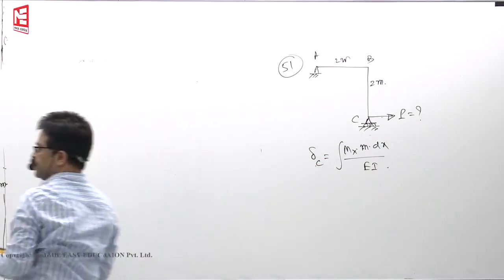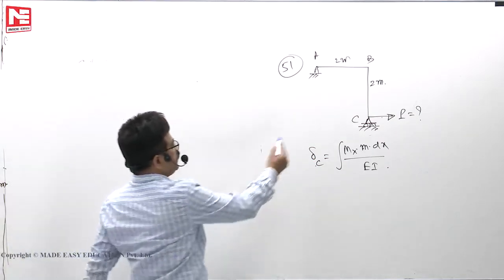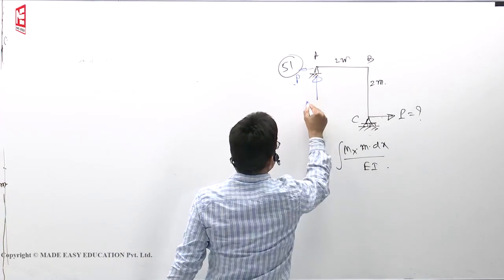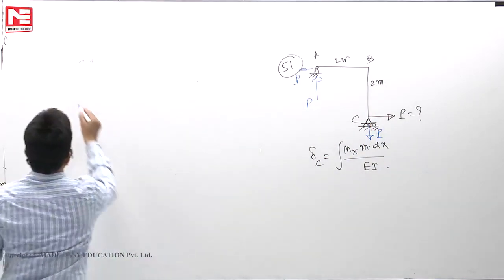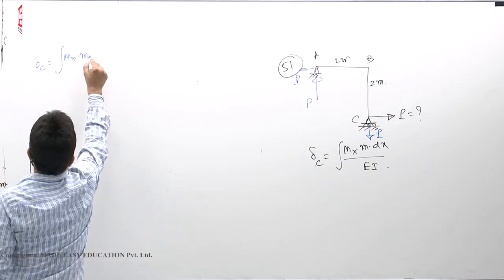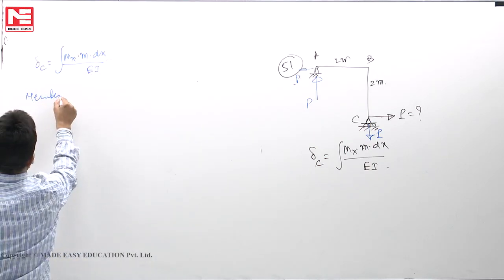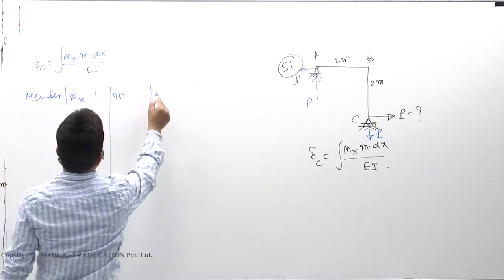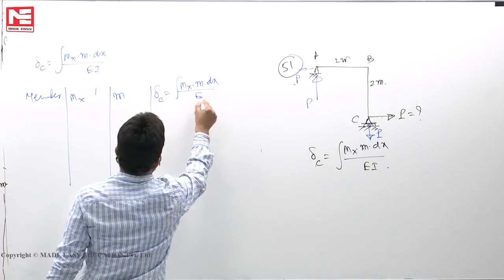Now you see, we will take the free body diagram. When you apply P here, the left side P forms an anti-clockwise couple, so a clockwise couple, P up, P down. So delta C is the integral of mx m dx by EI.